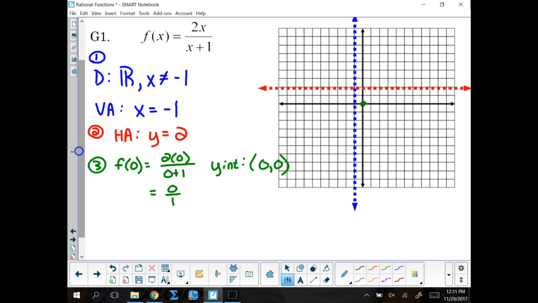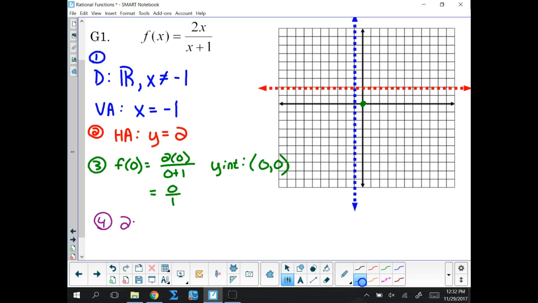What's step number 4? Find the x-intercept. How do I find the x-intercept? Put 0. What's the numerator?